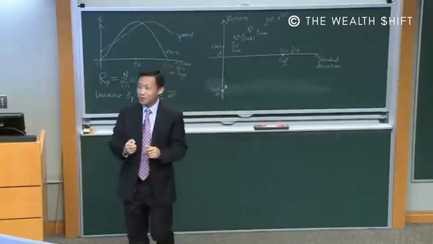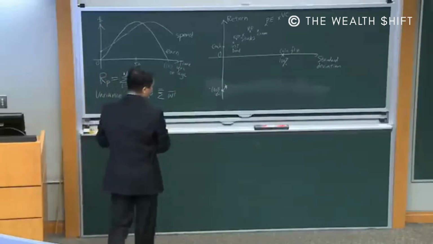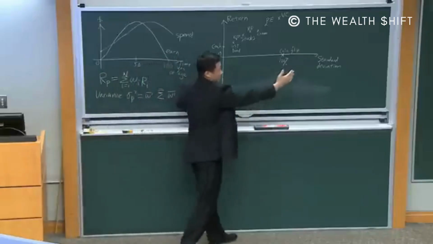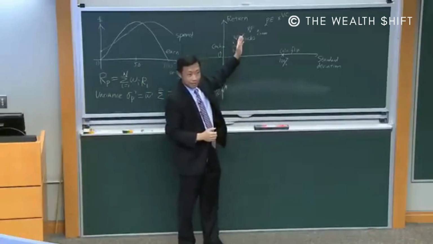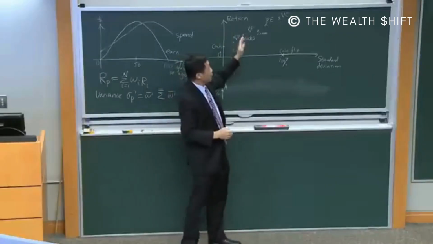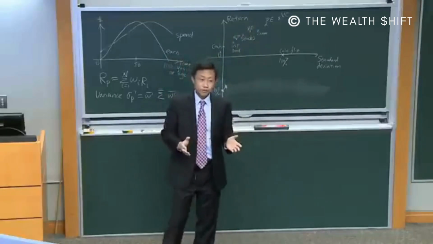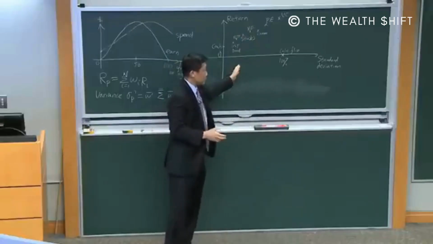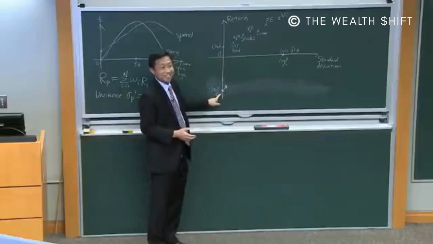I hesitate to use the term risk, because as I said, we need to better define it. But let's say you try to minimize this and maximize the vertical axis. You try to find the highest possible return for a portfolio with the lowest possible standard deviation.